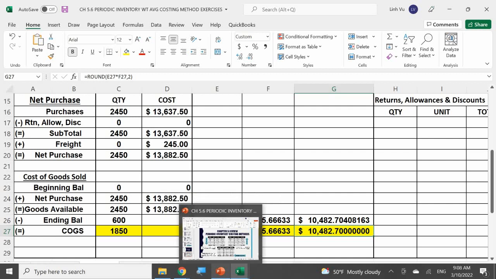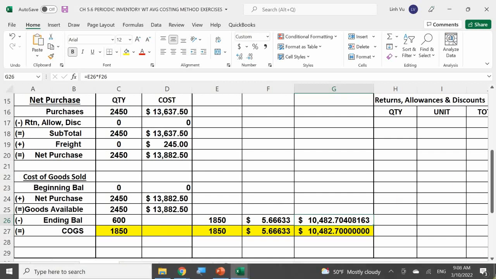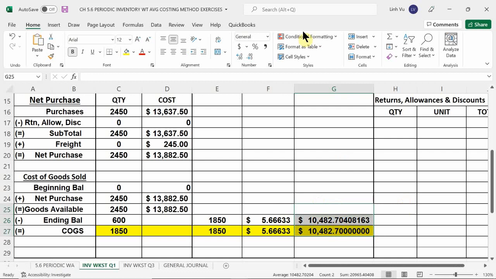So for you guys who are doing work in Excel, it is very important that you use the equal ROUND. Otherwise, this is the unrounded number, and it's being hidden because I told Excel I wanted to only show 2 decimal places. If I click accounting, it's going to hide all those extra numbers and only show me 2 decimal places.